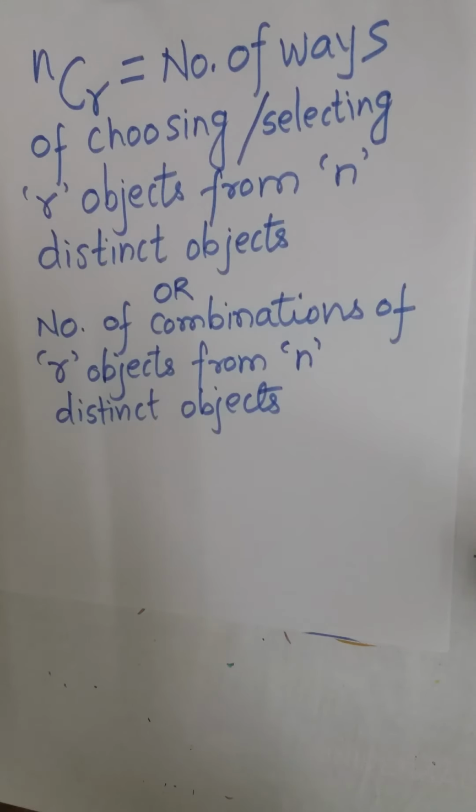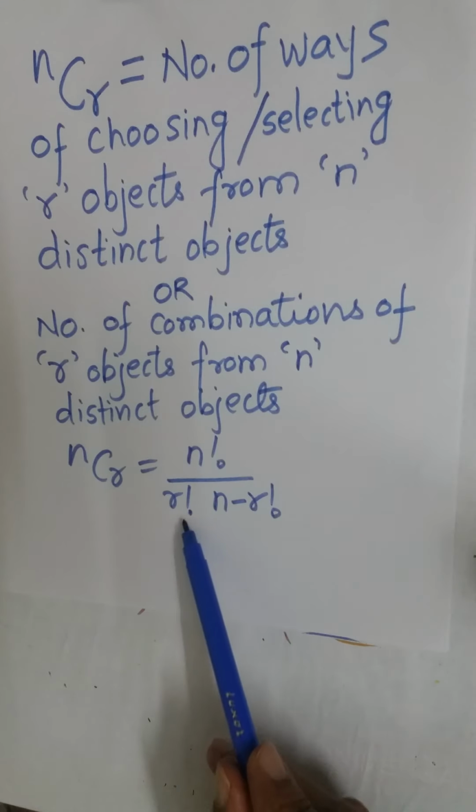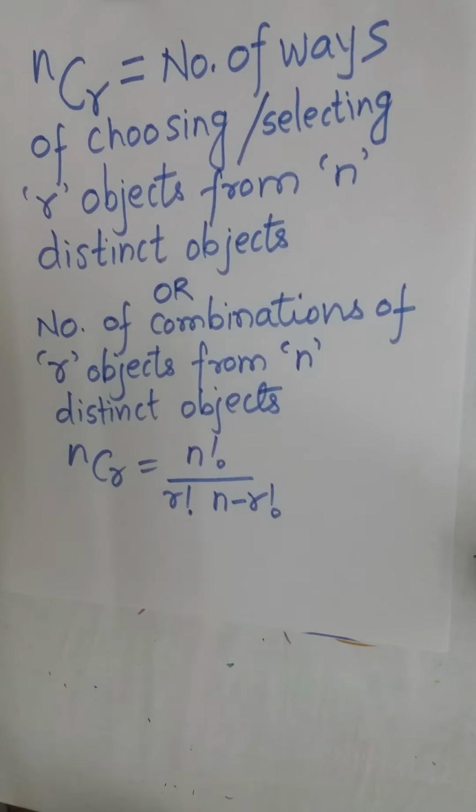That's what NCR means. Once again, NCR is N factorial by R factorial, N minus R factorial. What is the relation between R and N? N and R are obviously natural numbers, and R is lesser than or equal to N.